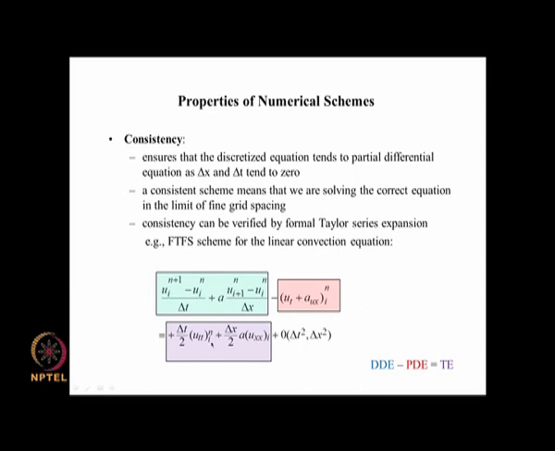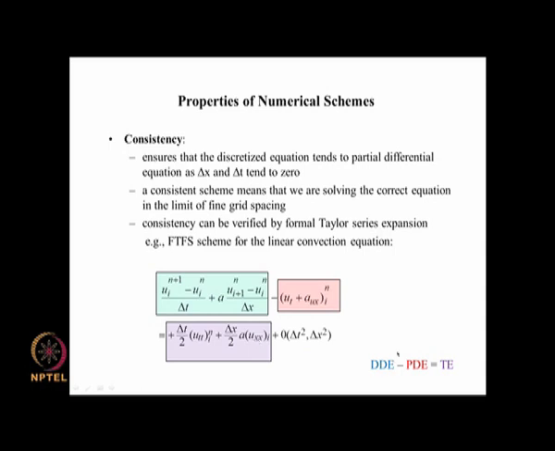Similarly, the second derivative with respect to time at a given point in space and time will have a finite value, and that value is a function of how u varies with t and x. So, we can expect that to have a finite value, and as delta t tends to 0, as this becomes smaller, the truncation error will become smaller because this is reducing to 0 and this is reducing to 0.